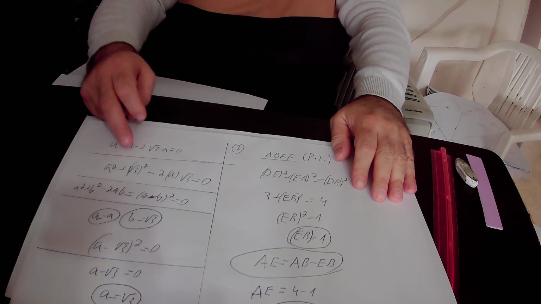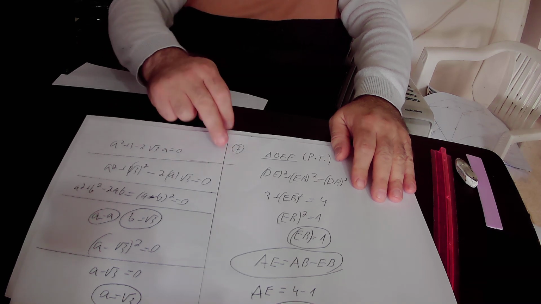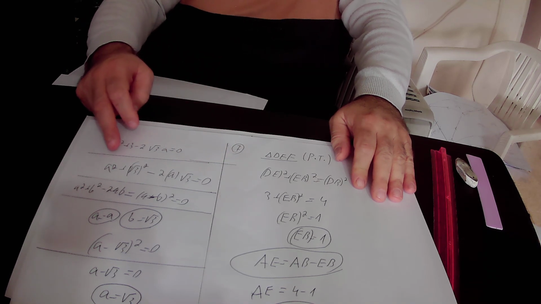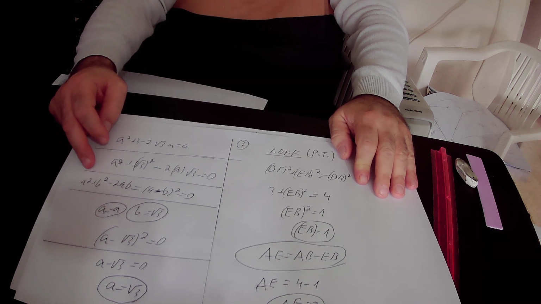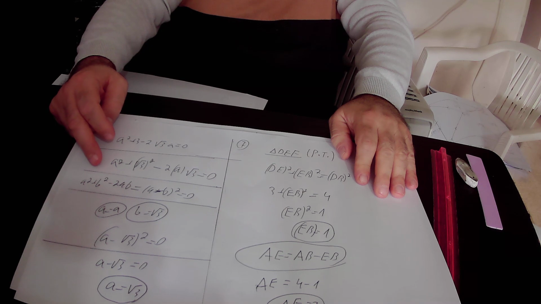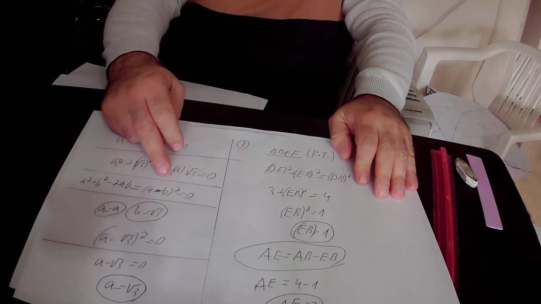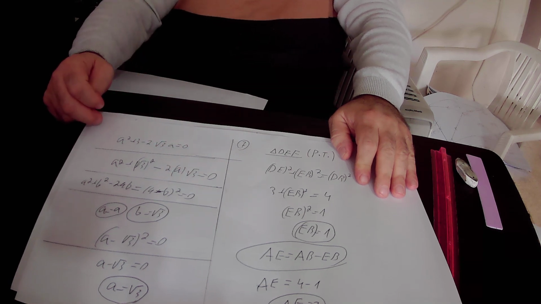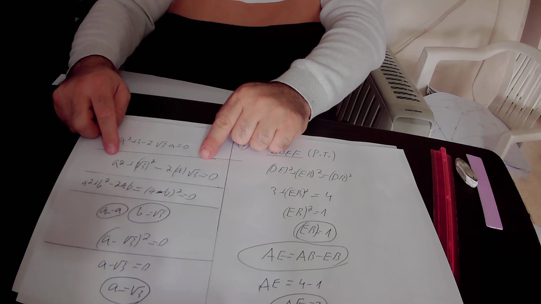We got that a squared plus square root of 3 squared minus 2 times a times square root of 3 equals 0. This expression is very similar to the algebraic identity that states that a squared plus b squared minus 2ab equals (a minus b) squared.